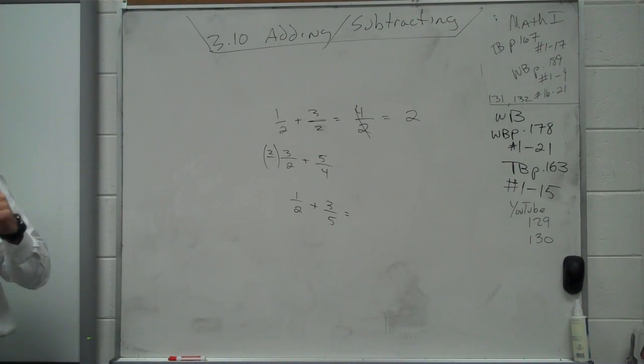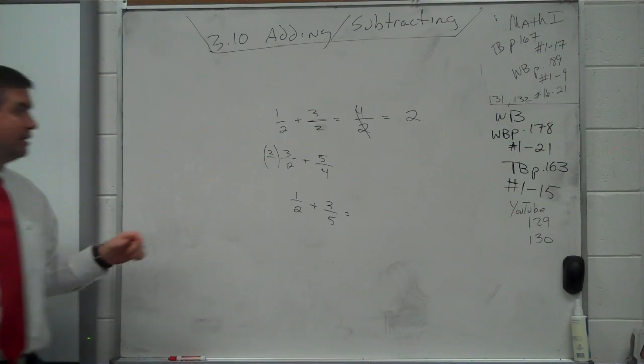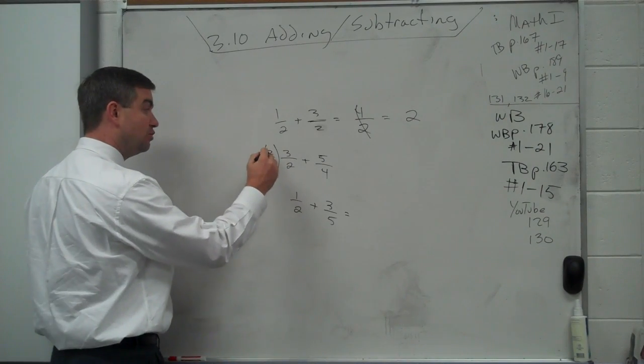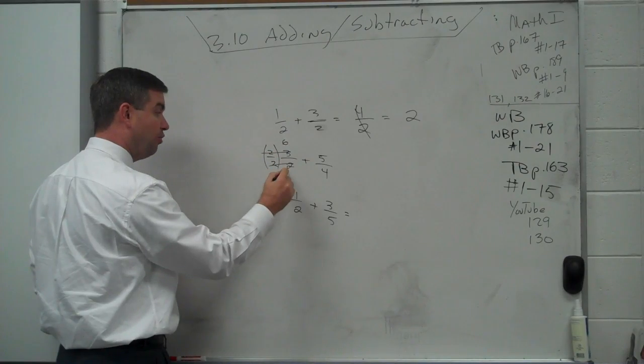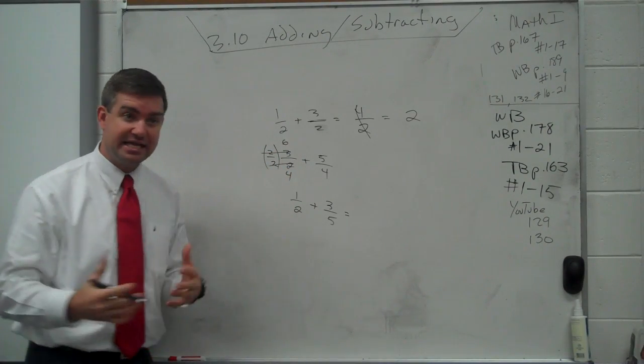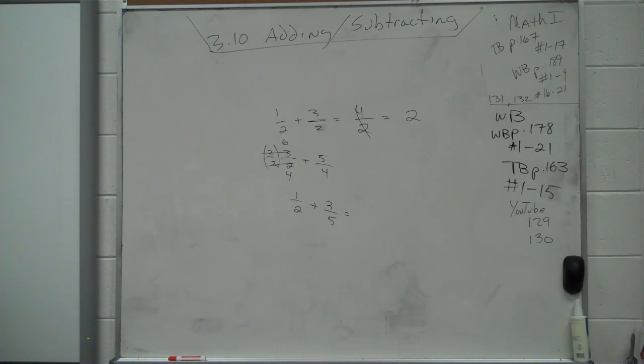Why is it okay to multiply it by 2 over 2? Technically, what is 2 over 2? 1. And when I multiply by 1, am I changing it? No, I'm not. I'm just rewriting it. So 2 over 2 times 3 over 2 would give you 6 over 4. Right? I changed that fraction into a like denominator.